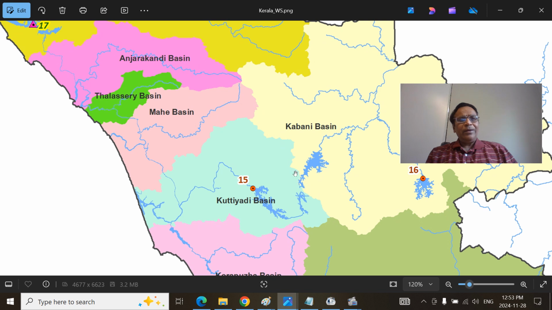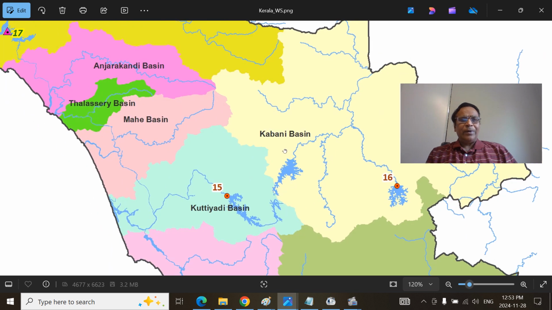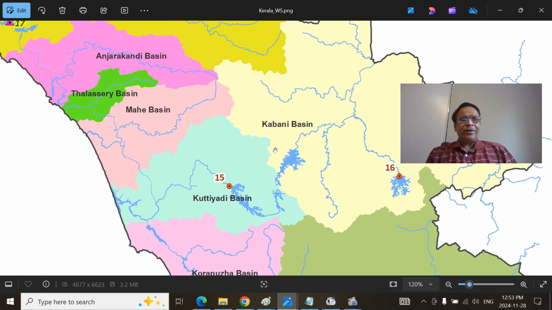And of course, we are talking about this, the Kabani River, this is the Kutiyadi, this is the Banasuram, this is the Banasuram hilly region, this is the Malabar Wildlife Sanctuary, this is the Urutukkimala that divides Mahi River, Kutiyadi River watershed area.